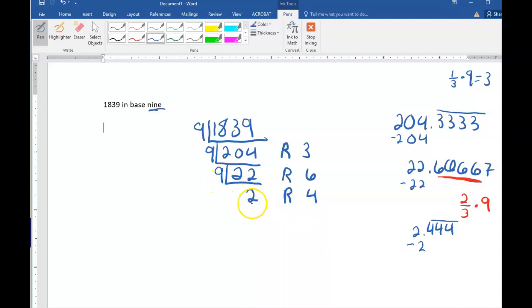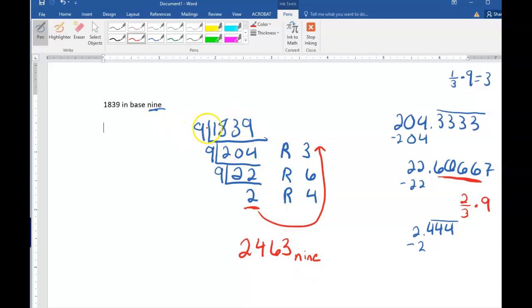Now, 9 does not go into 2, so I stop. This is my first number, and I'm going to follow up. So I get 2, 4, 6, 3 with a base of 9.